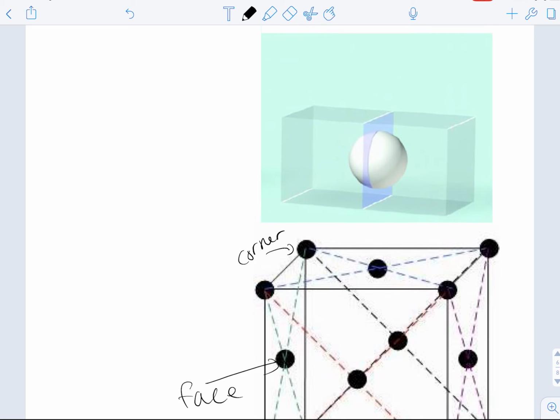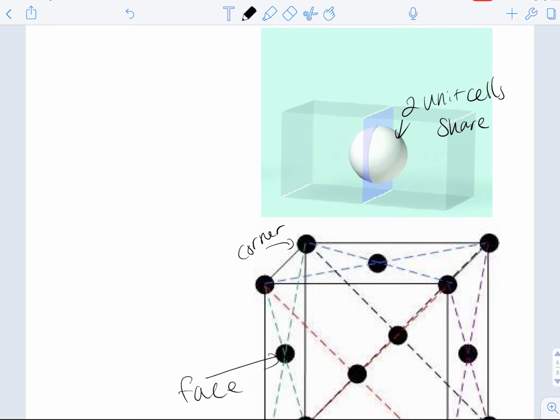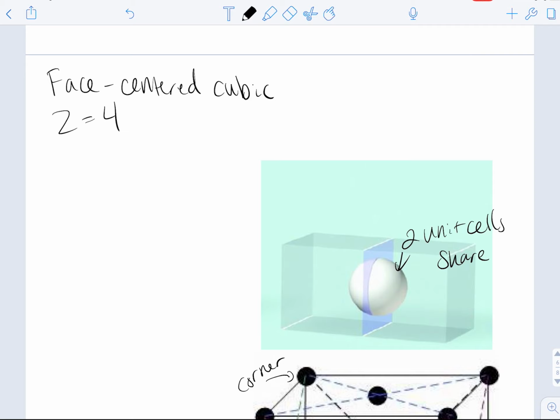The face, as we see from this one, is shared between 2 unit cells. So each one accounts for a half. So we have 3 atoms for our faces, 1 atom for our corner. So a face-centered cubic has a Z value equal to 4.